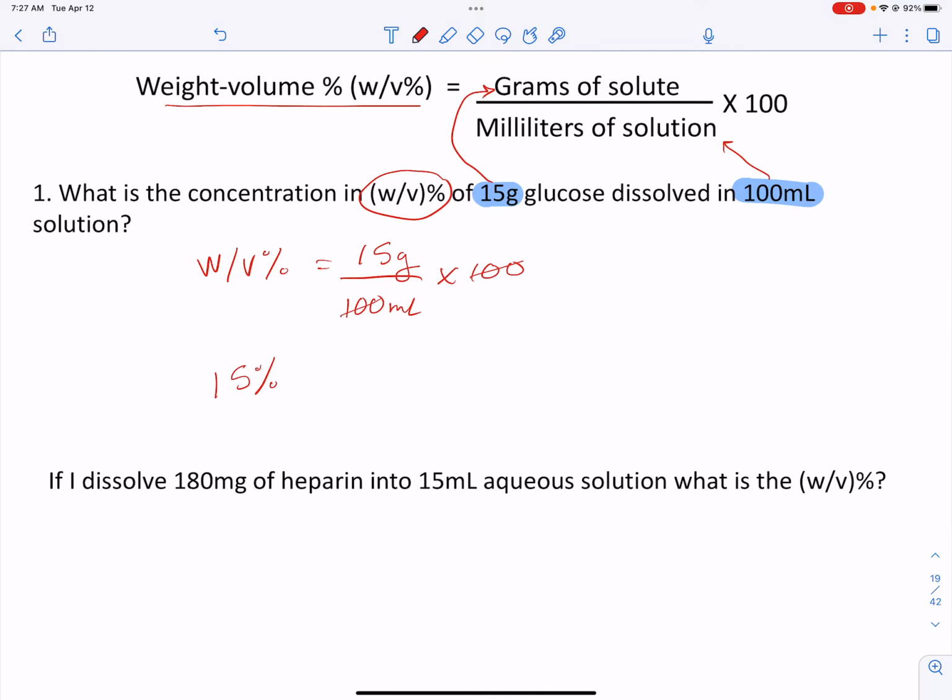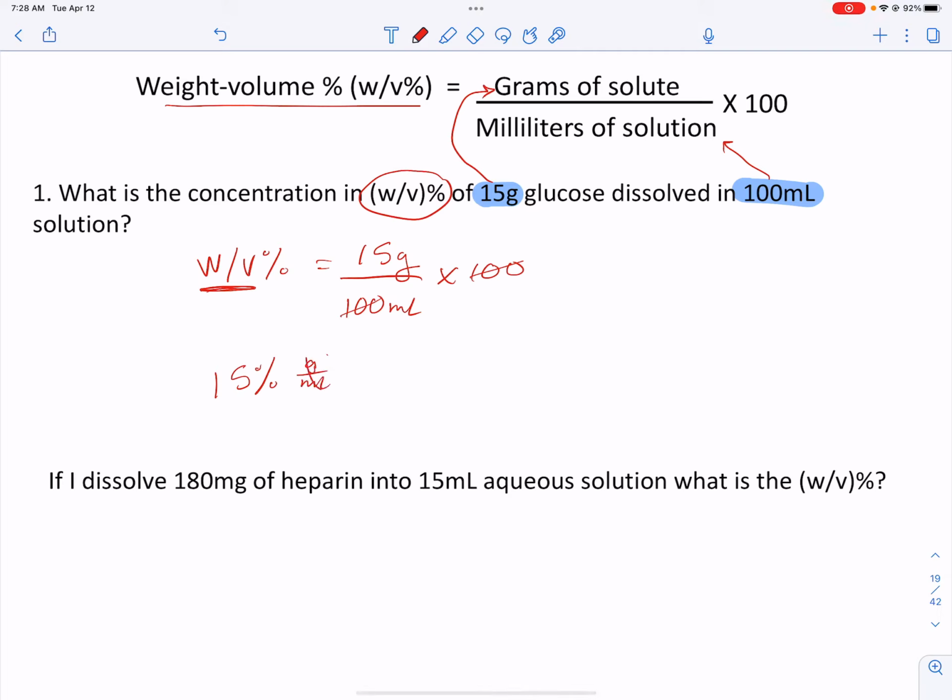Now, you might be asking, what happens to the units, a gram and a milliliter? That's why it's so important to convey the W or the V, or two W's or two V's, whatever it is, because it's understood, and we only write the percent side, it's understood that this is a gram per milliliter percent, okay?